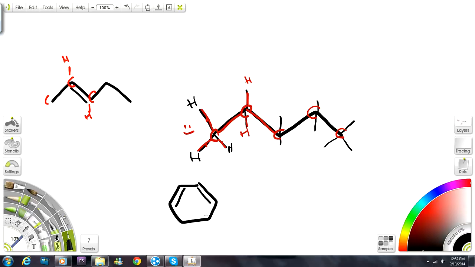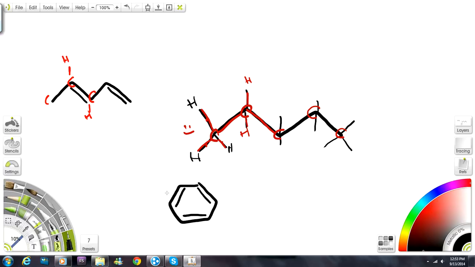Now there's a special rule for these rings, and even in these too: you cannot have double bonds right next to each other. So if I was going to add another double bond, it'd have to be over here. And see how there's no double bond here between these two carbons? They can't have two of them right next to each other.